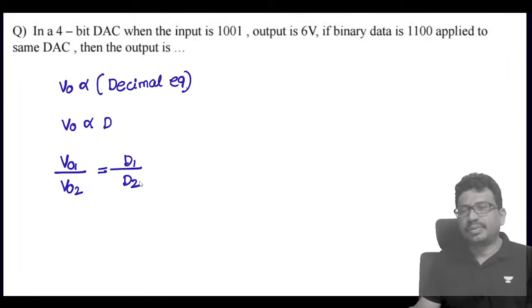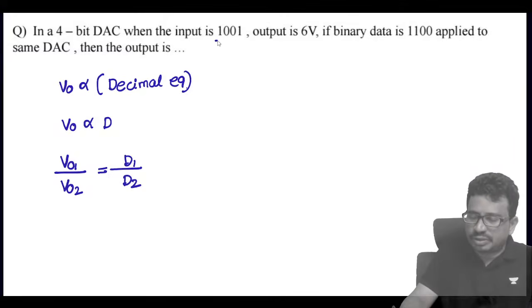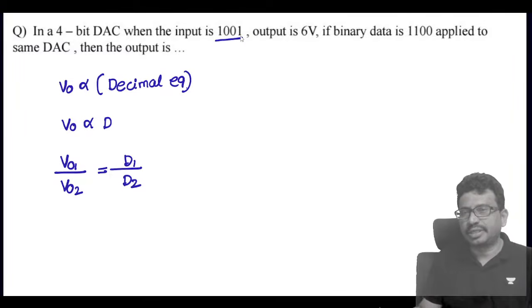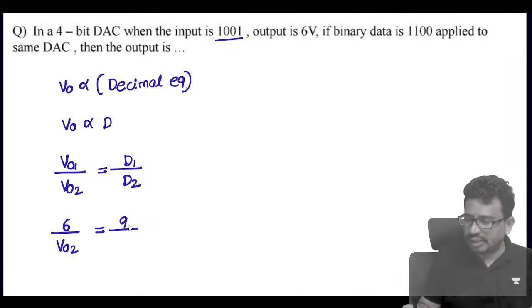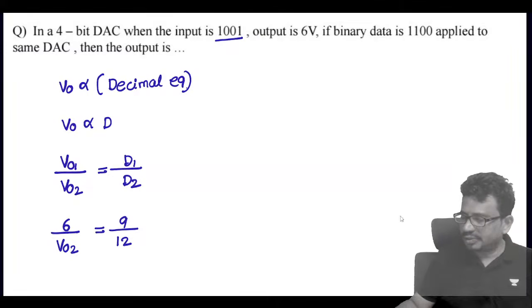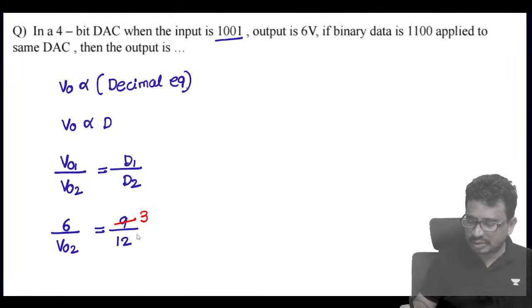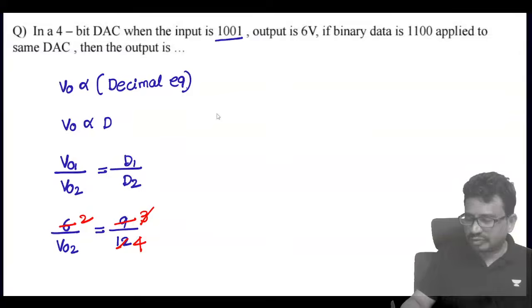When the decimal input is 9, the output is 6, and V02 for D2 equal to 12 is unknown. So 6 by V02 equals 9 by 12. We have 3 threes, 3 fours, so from this the output is equal to 8.